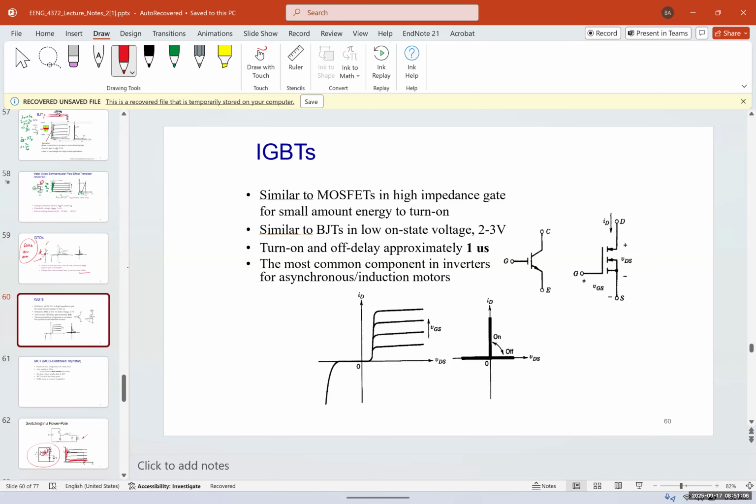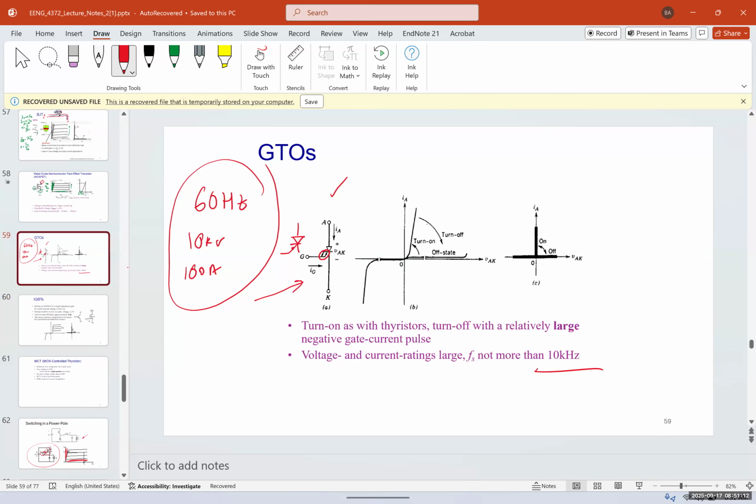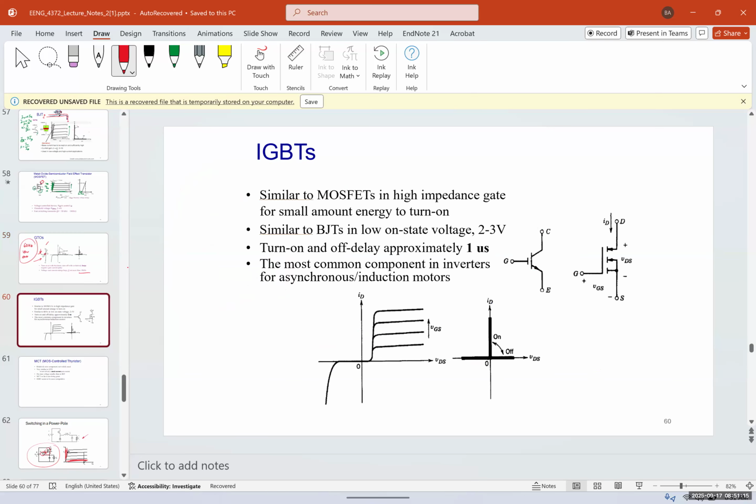And then finally, we have the IGBTs, again, another form of transistors. The GTO is also sometimes categorized as a sort of transistor as well. But the IGBT is similar to a MOSFET in high impedance gate, for a small amount of energy to turn on. It's similar to BJTs in low on-state voltage, 2 to 3 volts.